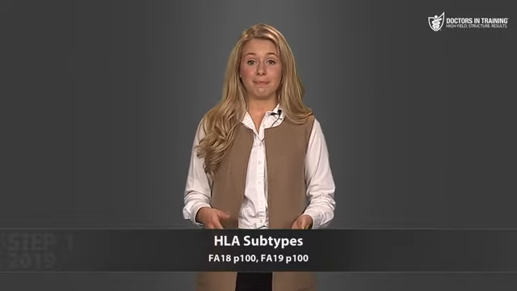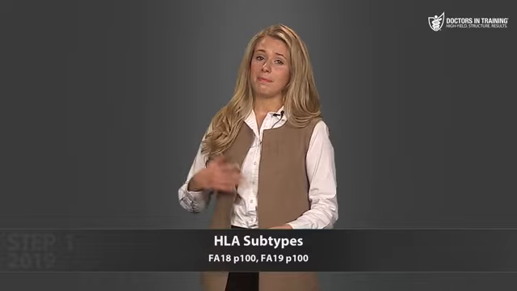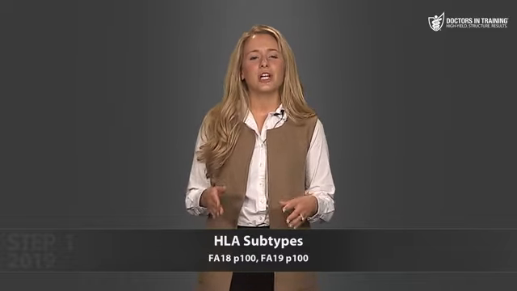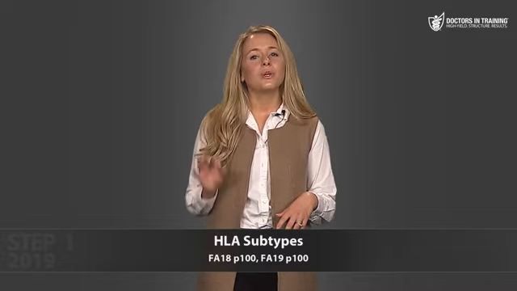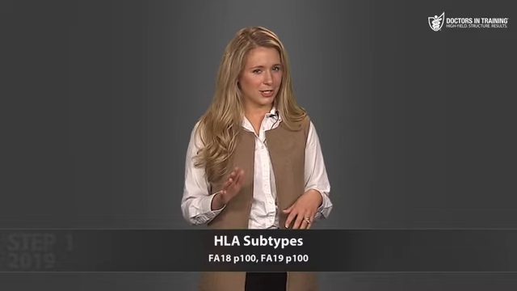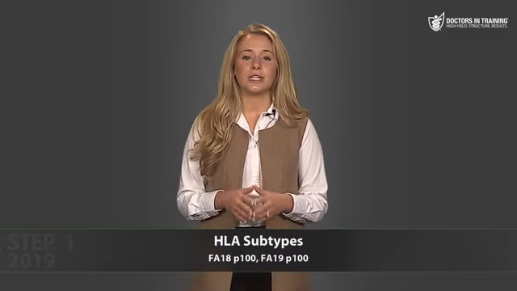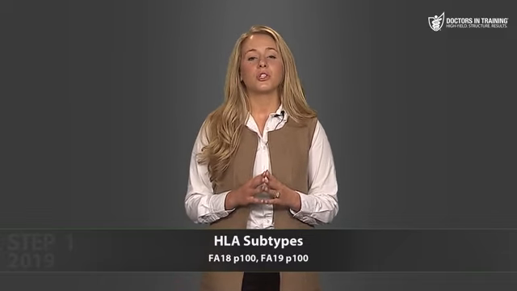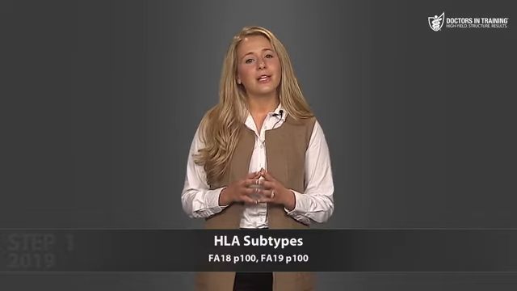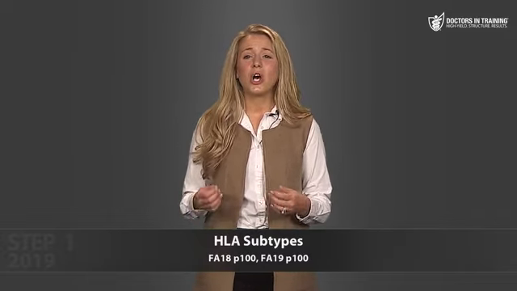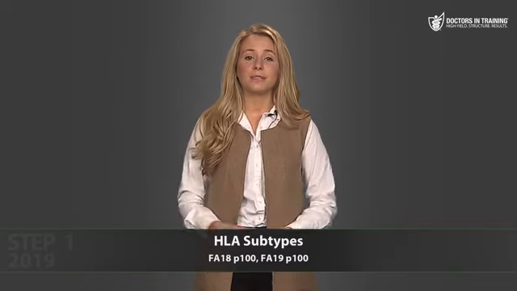Or, for HLA-B, you can have HLA-B1, HLA-B2, and so on. That's where HLA-B27 comes from, which should sound somewhat familiar to you. The importance of this is that certain alleles and loci are associated with certain diseases. And not too surprisingly, these are generally autoimmune diseases, where the patient's own immune system is attacking from within.